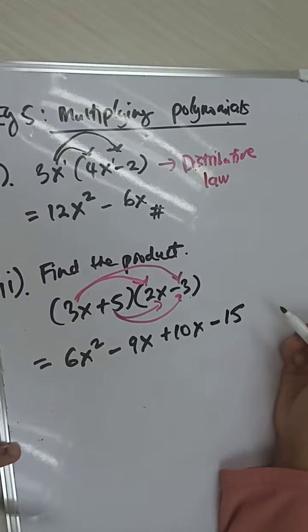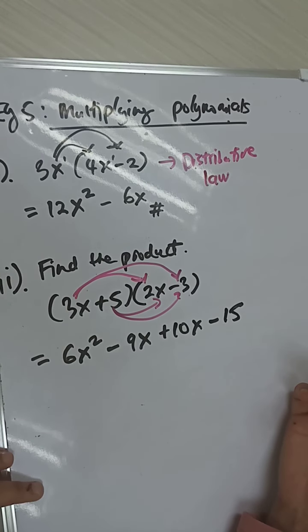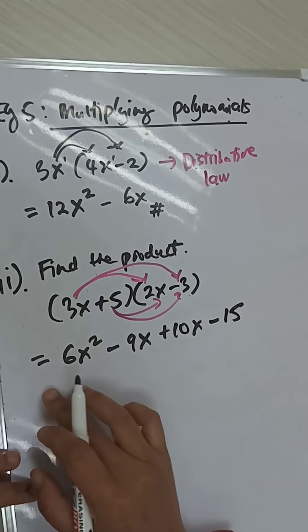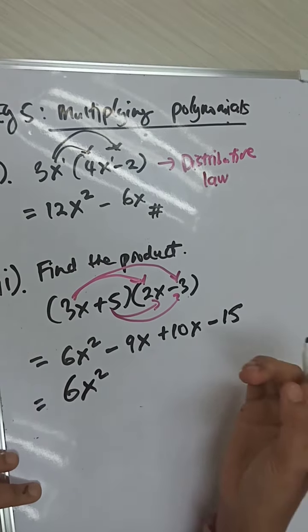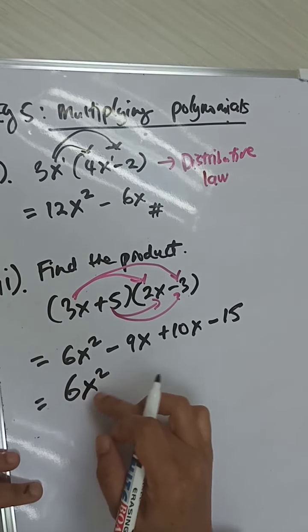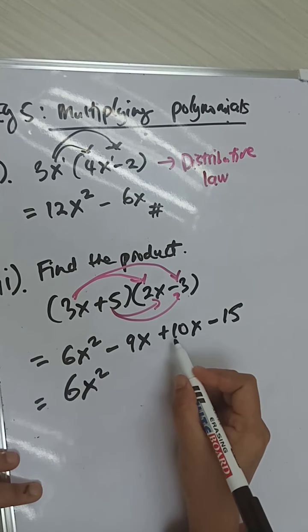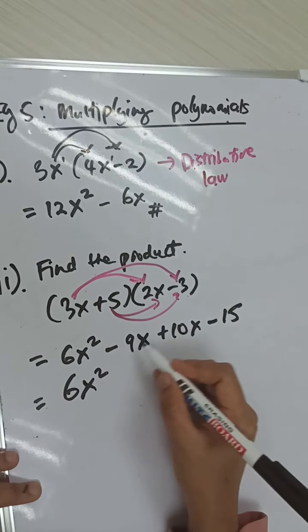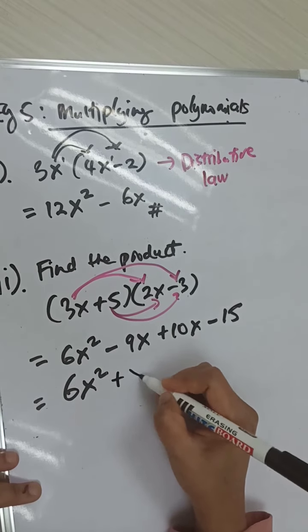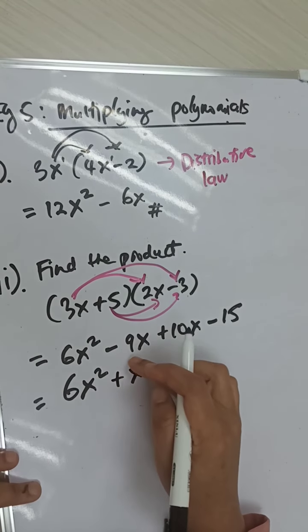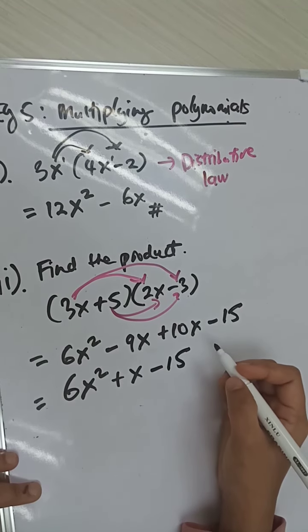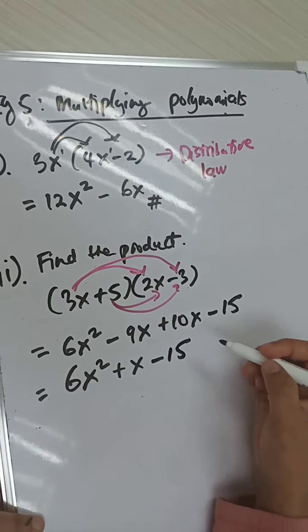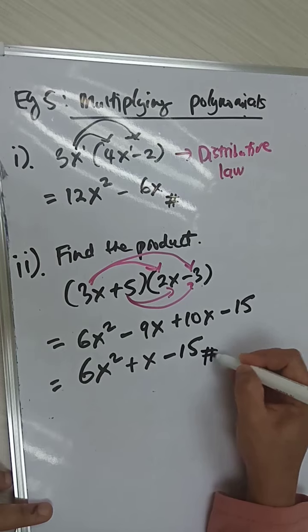Okay, this is the answer after you expand the bracket. And then now we have to solve. Okay, find the similar degree. Now we have 6x square, negative 9x plus 10x. So here we have negative, we have positive, so plus x. Okay, negative 9 plus 10, we get 1, and then minus 15. Okay, this is the solution for example 2.